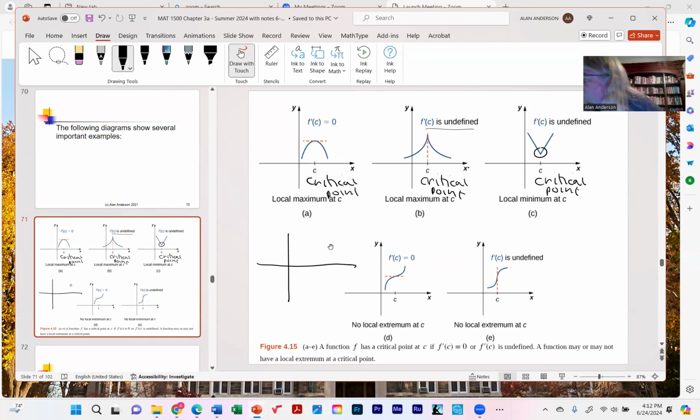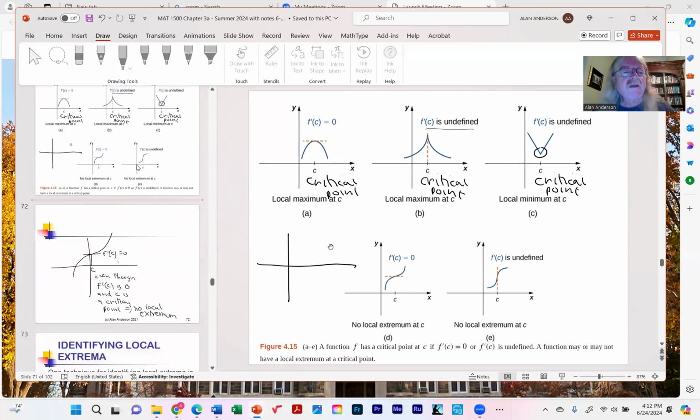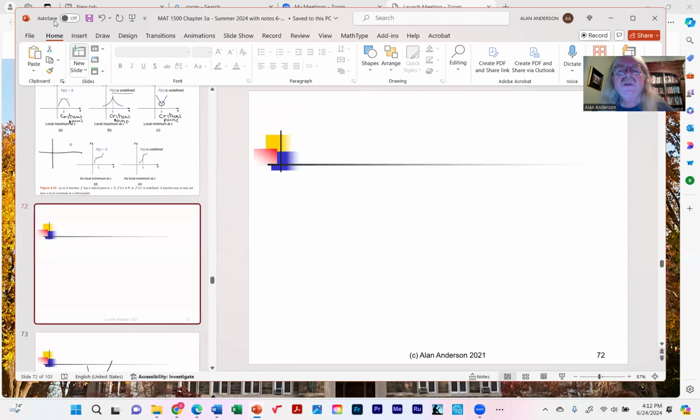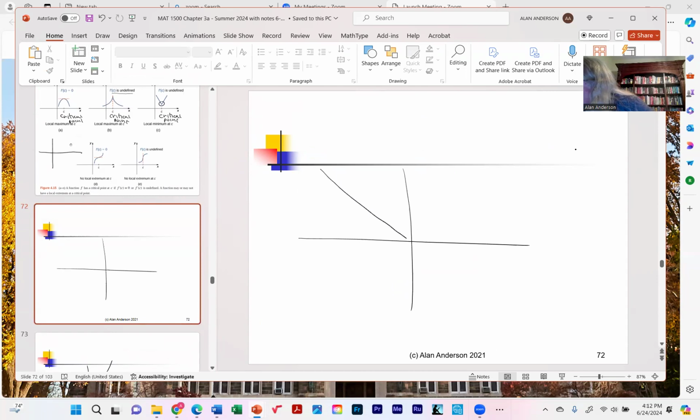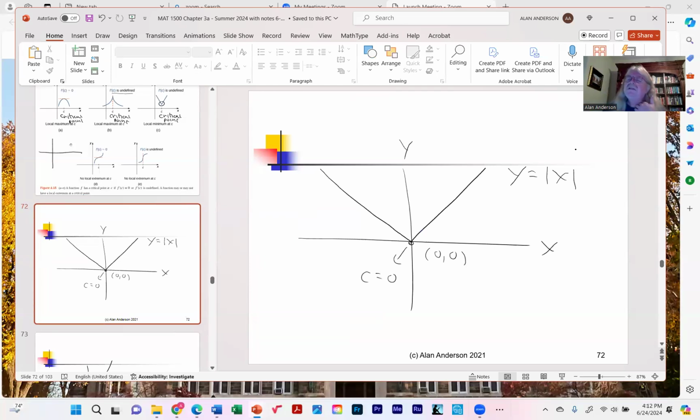And the one on the right here, this one is also true. You might recall, let me just toss this in here. Our old friend, the absolute value of x, we have the same situation going on here. So if C is 0 here, this C is a critical point, but this is not a minimum or a maximum for the simple reason that the derivative here is undefined.